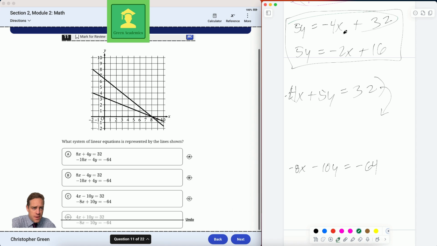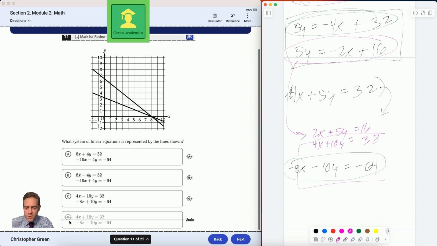So this one became this one for D as in dog, which means the top one in D as in dog should be 4x plus 10y is 32. So this would have been 2x plus 5y is 16. Yeah, which is the same as 4x plus 10y equals 32. Ugh, what an annoying question. So it actually is D as in dog.